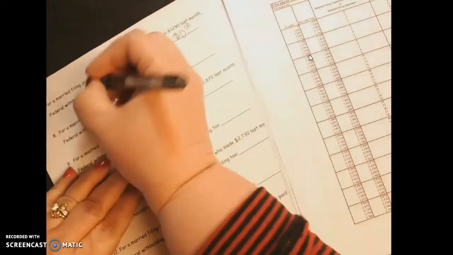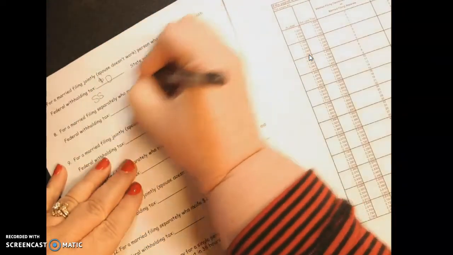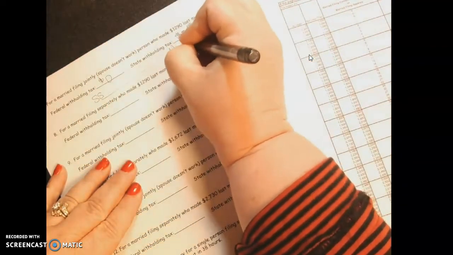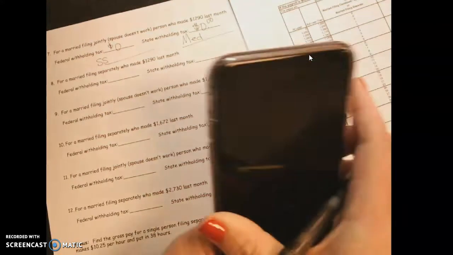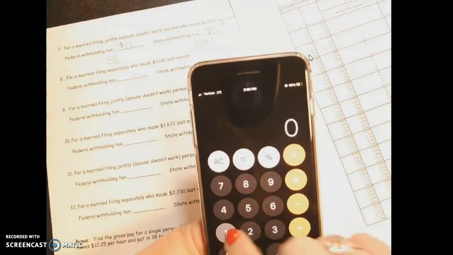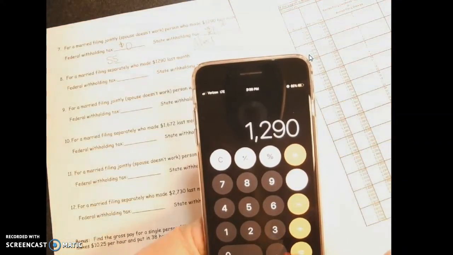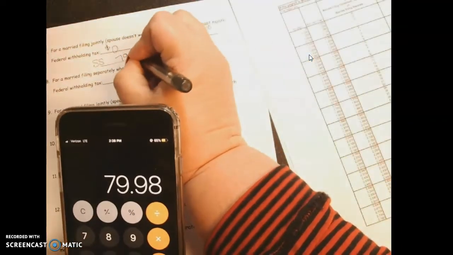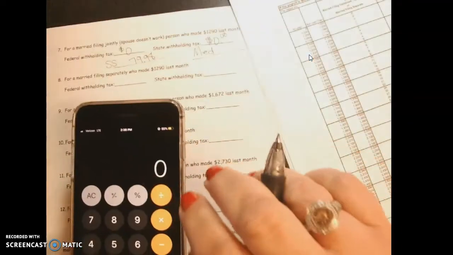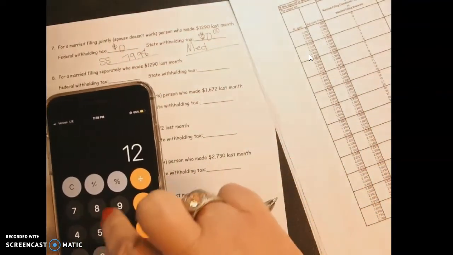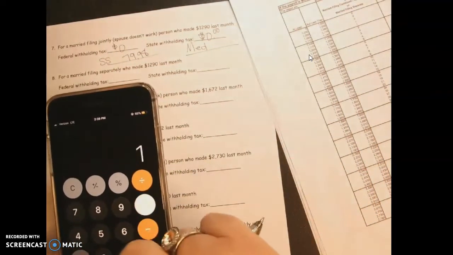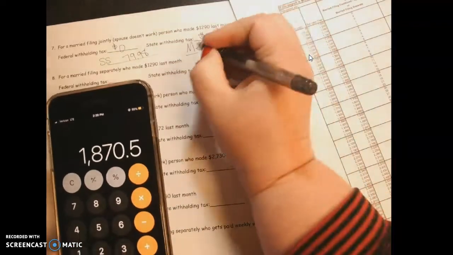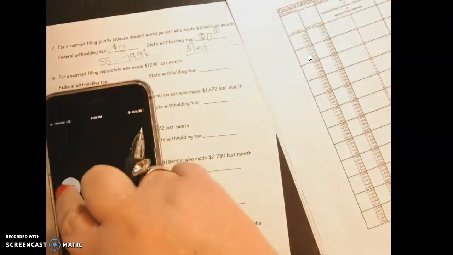Okay, we'll go ahead and finish this one out with Social Security and Medicare. $1,290 times 6.2% is $79.98. And $1,290 times 1.45%. Oh, that's a little high, isn't it?